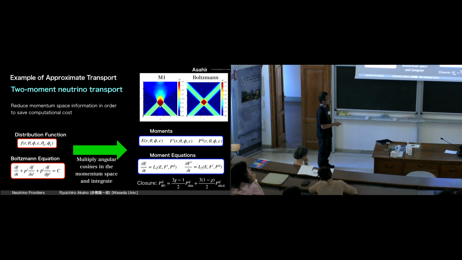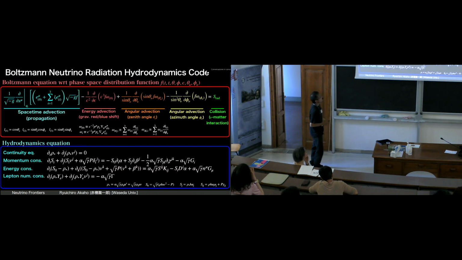This hierarchy of moment equations continues infinitely, so you close this series of equations somewhere, which is typically done at the second moment. However, considering that the full momentum information is important, our group solves the Boltzmann neutrino transport simulation for investigating core-collapse supernovae.